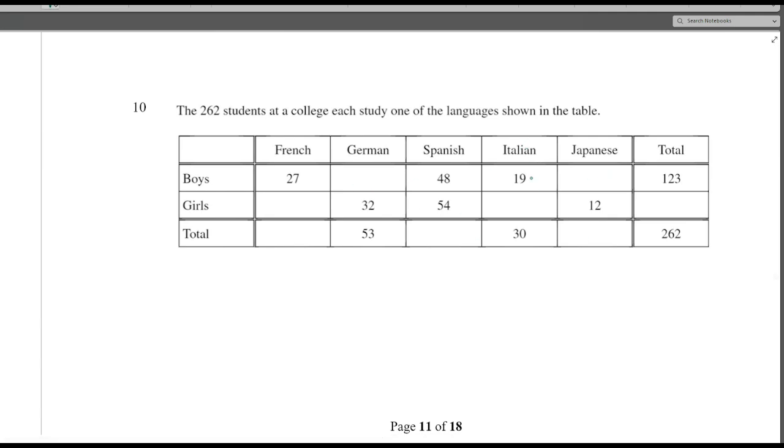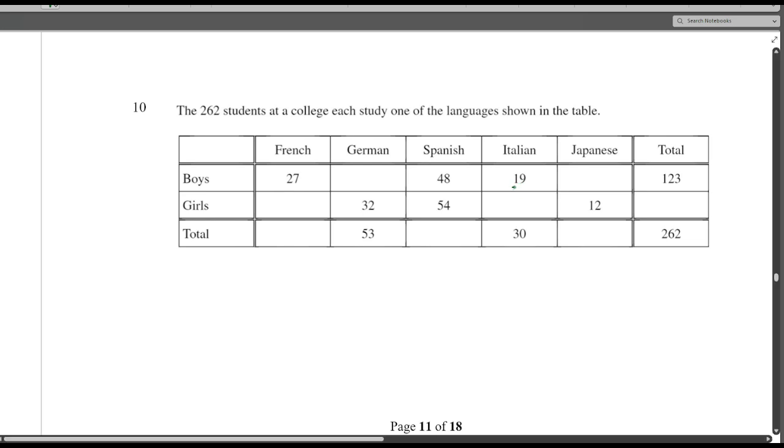Now see here, Italian 19 boys, total is 30. So 30 minus 19 will give you 11. Here I have 32 and the total is 53. So 53 minus 32 is 21. If I add this 21 and 32, I will get 53.